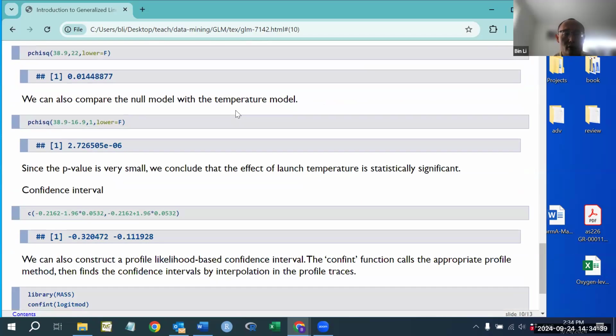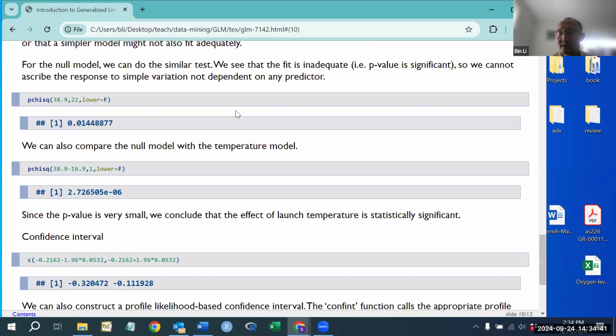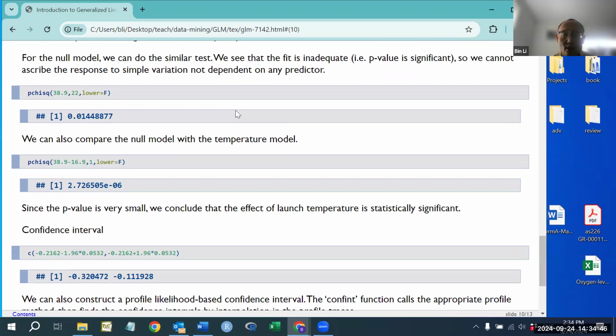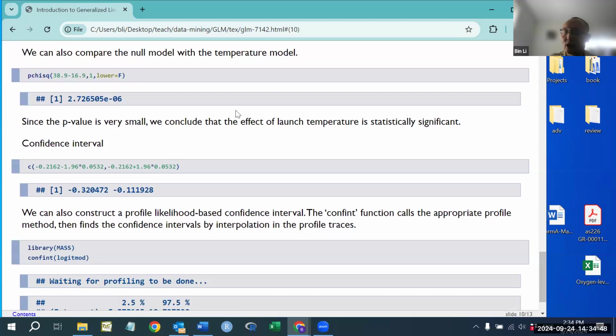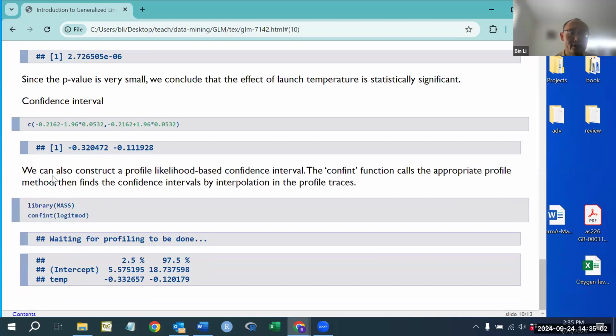The profile likelihood approach is based on the likelihood, trying to find an interval that includes 95% in terms of the likelihood. That cannot be easily calculated by hand, so instead you can just use a function here.